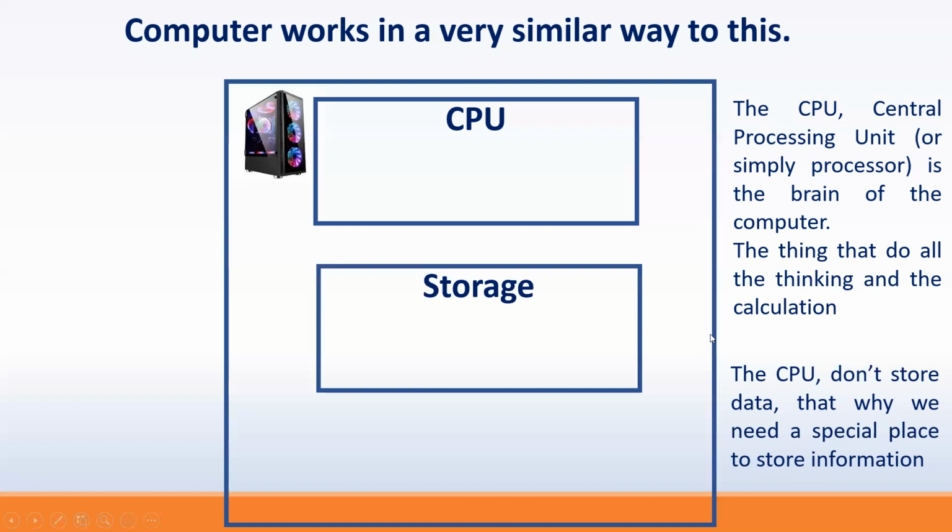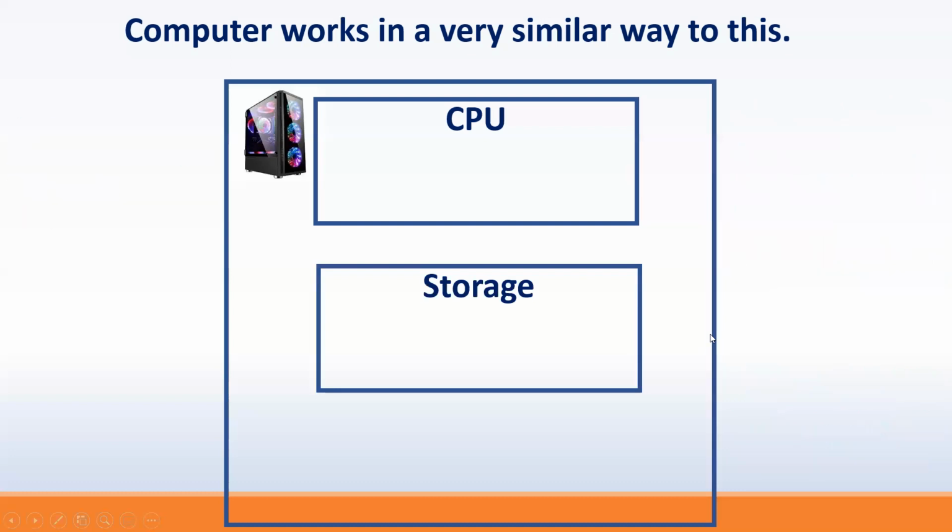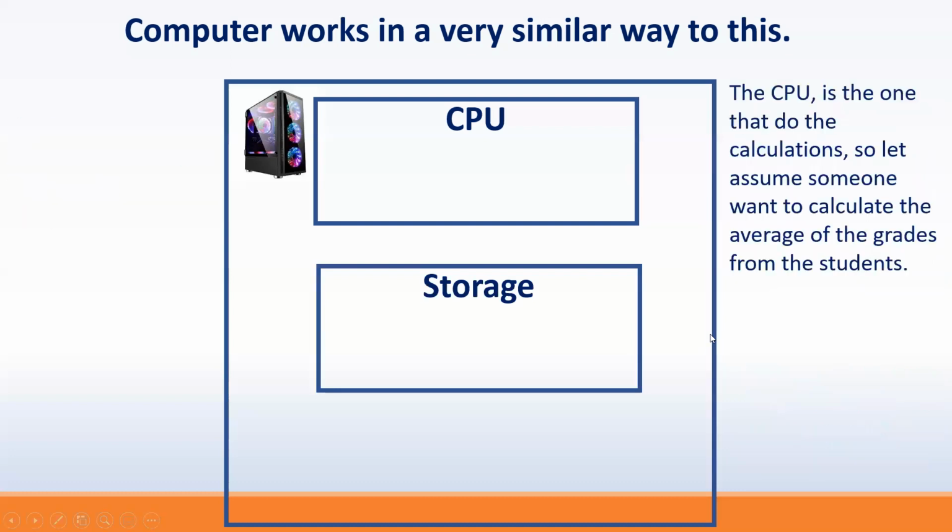For example, if somebody brought me a list of student numbers, student grades, or student payments, whatever, and it's 100 numbers, and you want me to find the total of those 100 numbers. The CPU cannot remember the 100 numbers. The 100 numbers should be put in the storage.